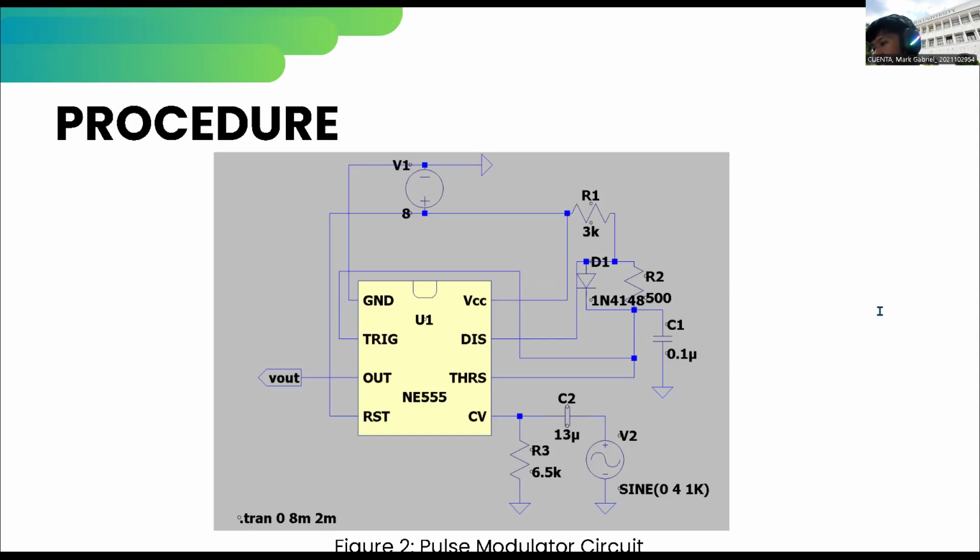The explanation is that SINE(4 0 1K) produces a constant 4 volts DC signal because of its amplitude of 0, showing no variation over time, which causes the circuit to have a fixed output with no pulse width modulation. By changing it to SINE(0 4 1K), it creates a varying sine wave, allowing the NE555 timer to generate a proper PWM signal with a changing duty cycle.